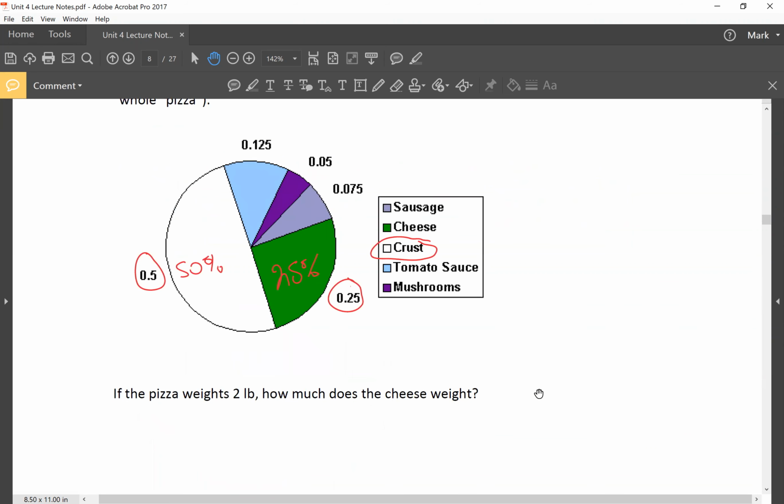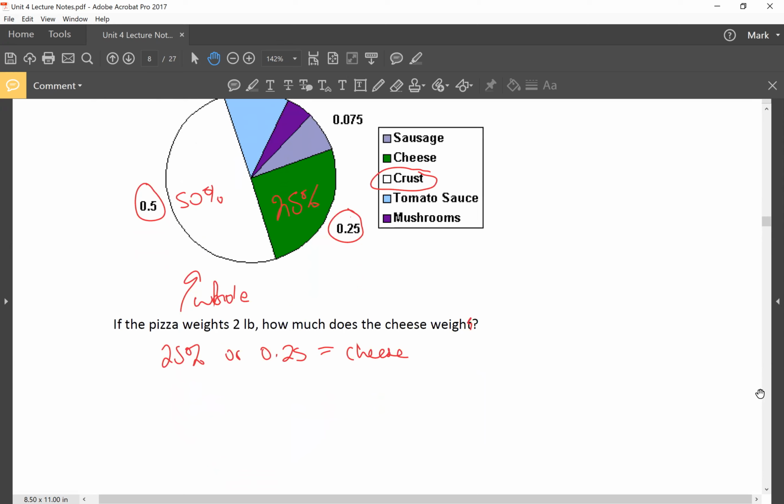It says if the entire pizza weighs 2 pounds, how much does the cheese weigh? A little typo there. So the graph here represents the whole. What we're saying is the entire pizza is 2 pounds, and I know 25% or 0.25 is equal to the cheese.